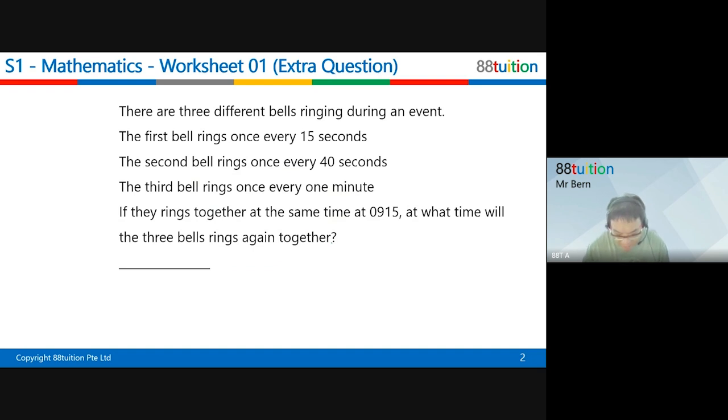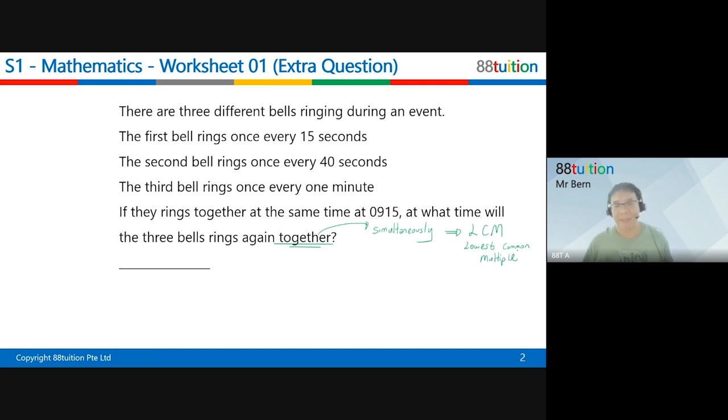So every time you see the word together or simultaneously, they must do it together. This type of question is an LCM kind of question, lowest common multiple kind of question.